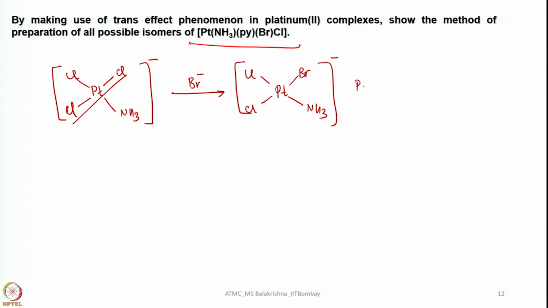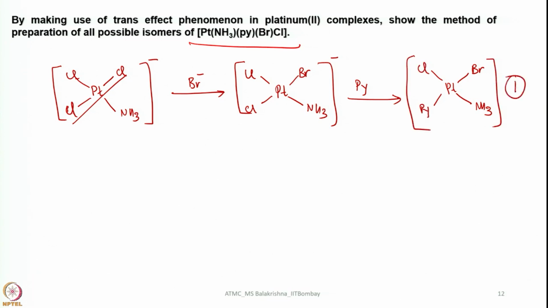Now, we put pyridine here. When we put pyridine, pyridine will come here. You get a neutral complex. This is one isomer.